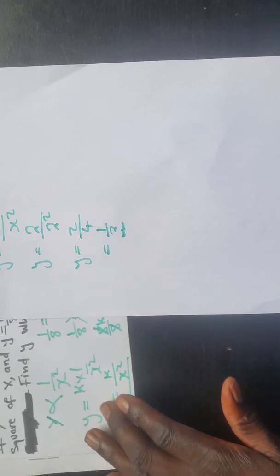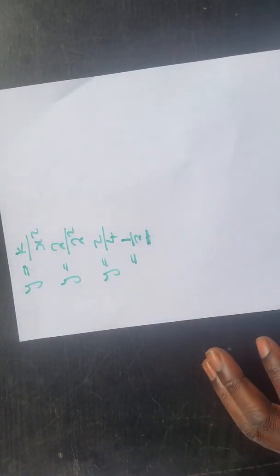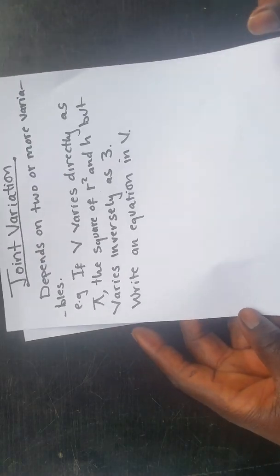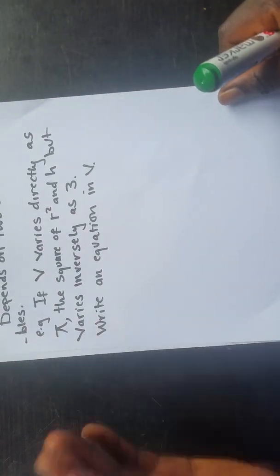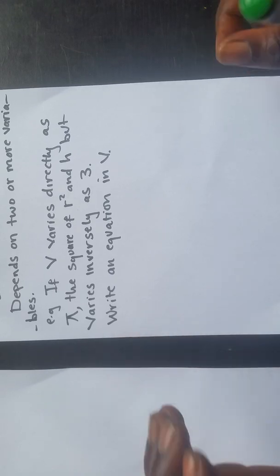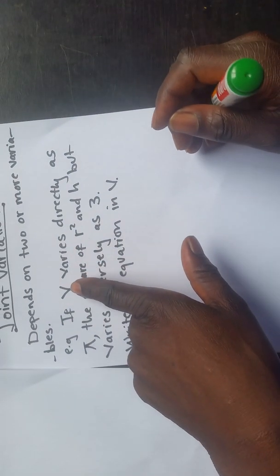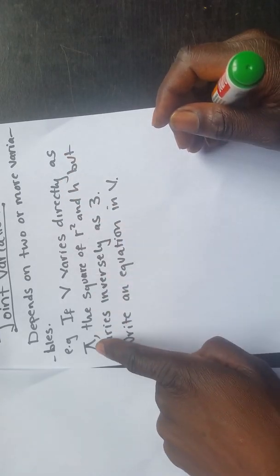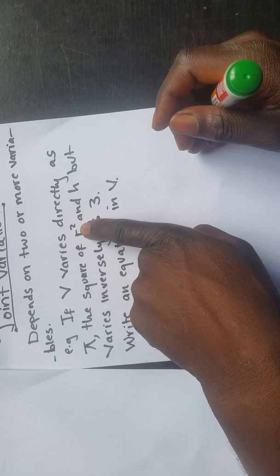Okay, our last point is joint variation. As the word suggests, it means a combination of both direct variation and inverse variation. So, for example, it depends on 2 or more variables, in short. For example, we have v varies directly as pi, the square of r, and h.